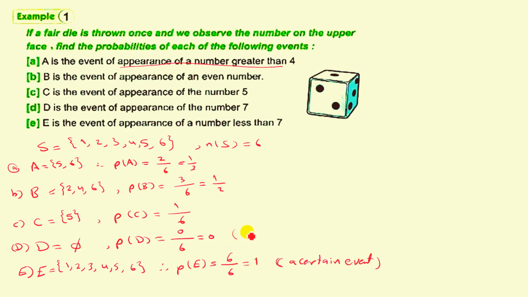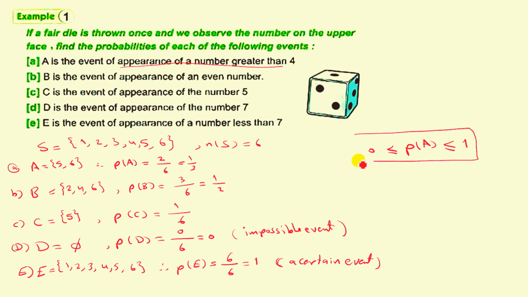And the one whose probability is 0, what do we call it? An impossible event. Of course, the probability of any event is from 0 to 1. It cannot be negative, it cannot be smaller than 0, and it cannot be more than 1. If it is 0 we call it an impossible event, the probability of the impossible event. And if it is 1, we call it a certain event.